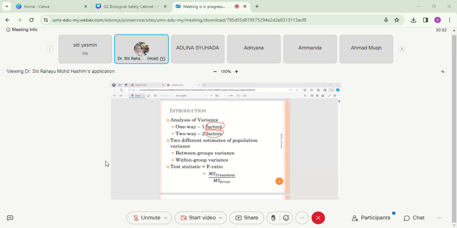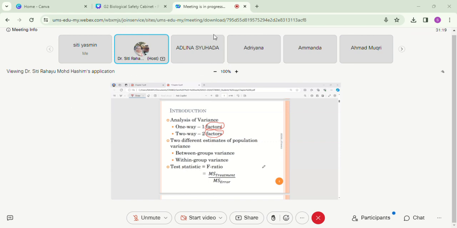So in ANOVA, the approach of estimating the variability between the observation is slightly different. They are not using the standard deviation, unlike the t-test. In ANOVA, what you are going to measure is the between group variance and within group variance.